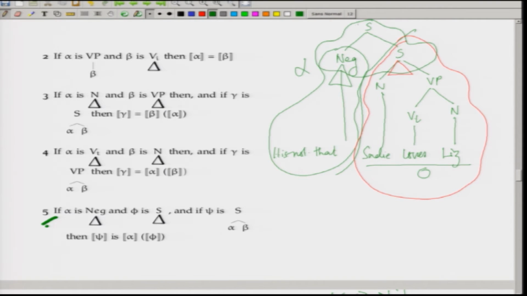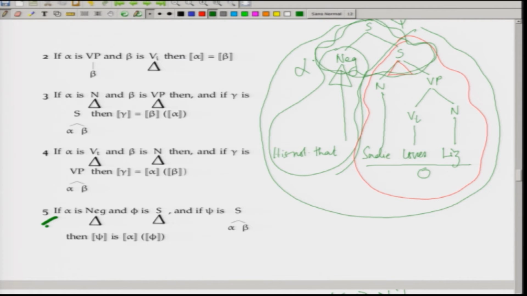If that is the case, then the denotation of xi, the entire thing, basically the very center, the very essence of the entire sentence, will be a combination of the denotation of alpha, and alpha we have seen is the logical connective, that will be the function, and the argument will be phi. And what is phi?